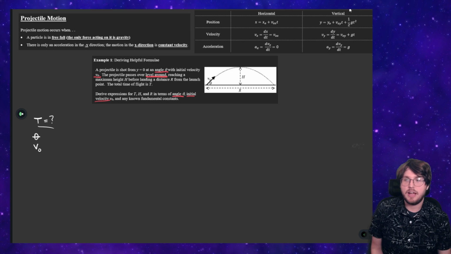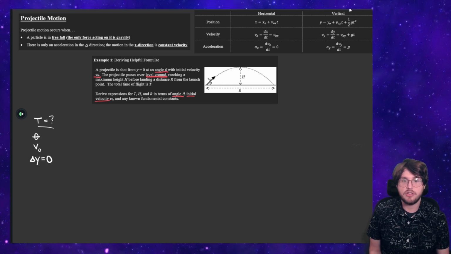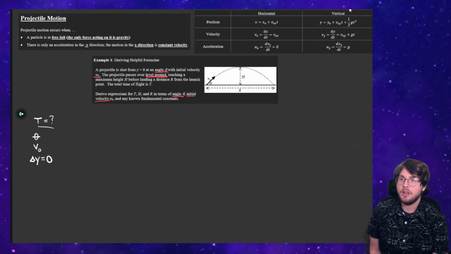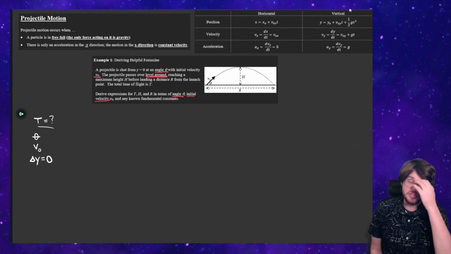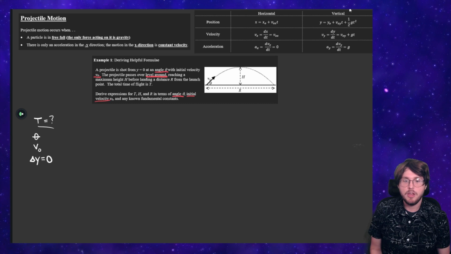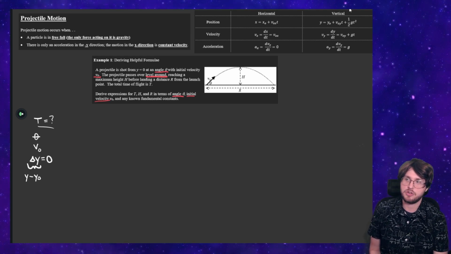That means that for a ground-to-ground problem, from beginning to end, the delta y, or the change in y, is always 0. That's going to be helpful for us because in these equations up here, which are in AP form, they always include the initial position separate from the final position, but delta y is really just a combination of those two. This would be saying y minus y naught is equal to 0, in other words. So just subtracting this thing over to the other side.